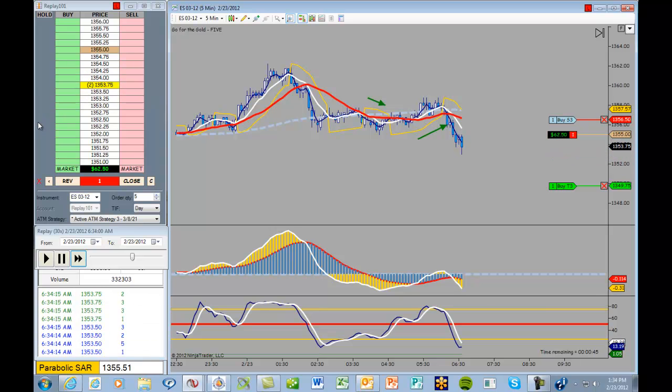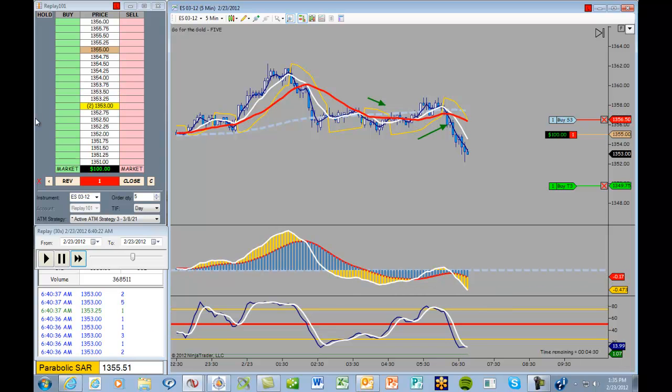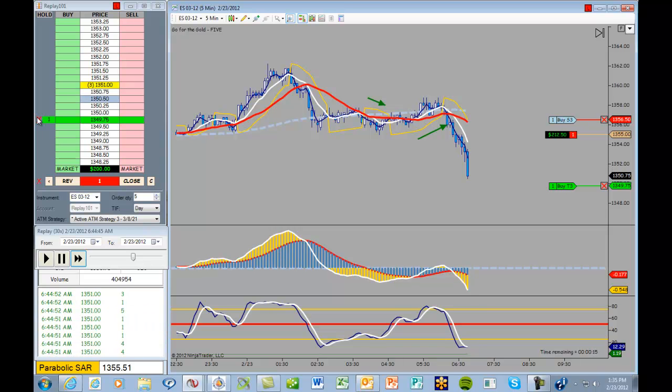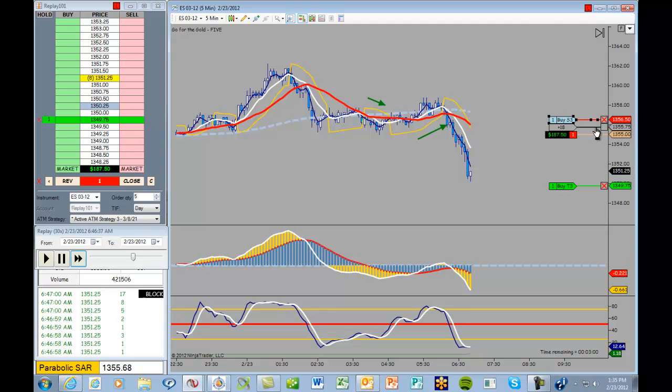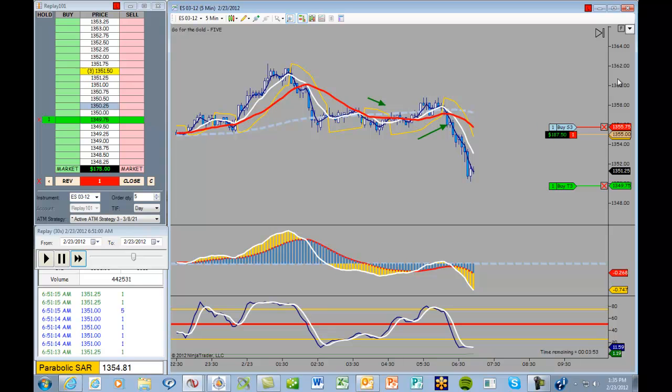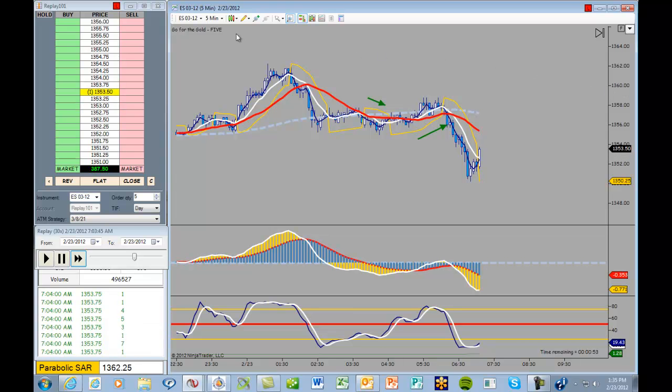Alright, hit the next target. Parabolic hasn't caught up to the stop yet. Okay, we're stopped out.